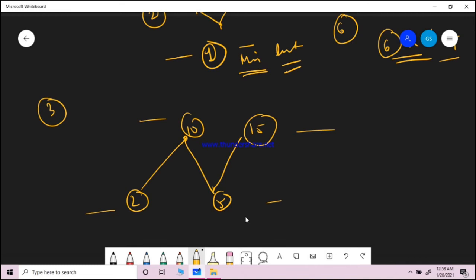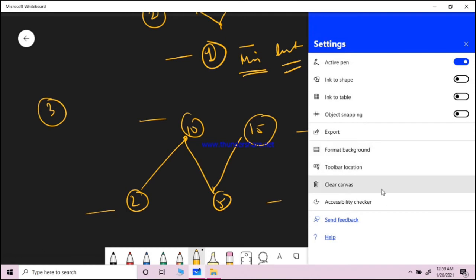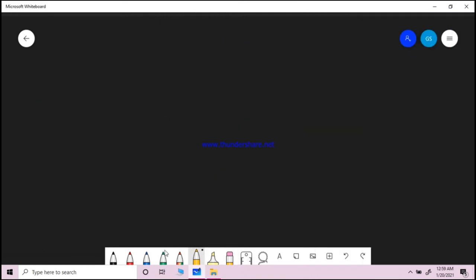If an element is not related to any other element, then that is maximal. Then we have studied the greatest and least element. And now I am going to tell you how to find the upper bound and lower bound.